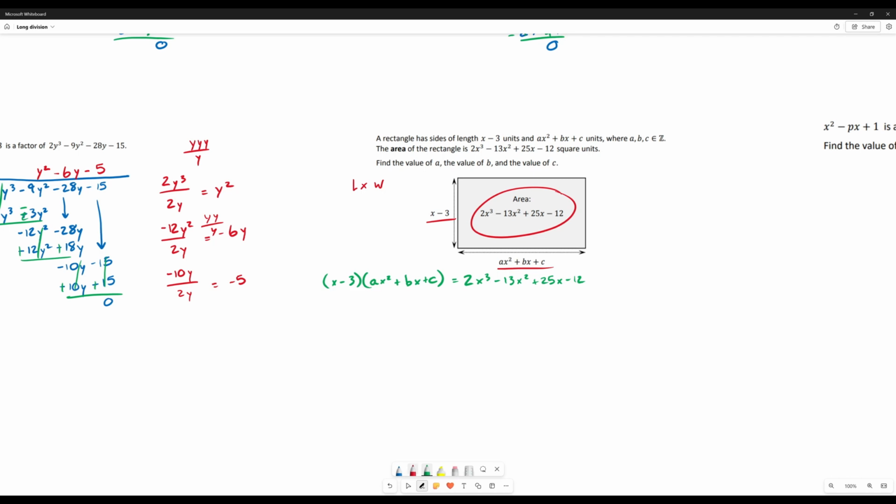So what we're going to actually do is divide both sides by x minus 3. The reason is, you'll notice over here, this cancels with this. And what we'd have left is that the quadratic we're looking for is equal to this divided by x minus 3. So in order to get the answer, we just have to do the area divided by the side that we know, well, obviously we don't fully know it, but it's better than the one with the a, b, and c in it.